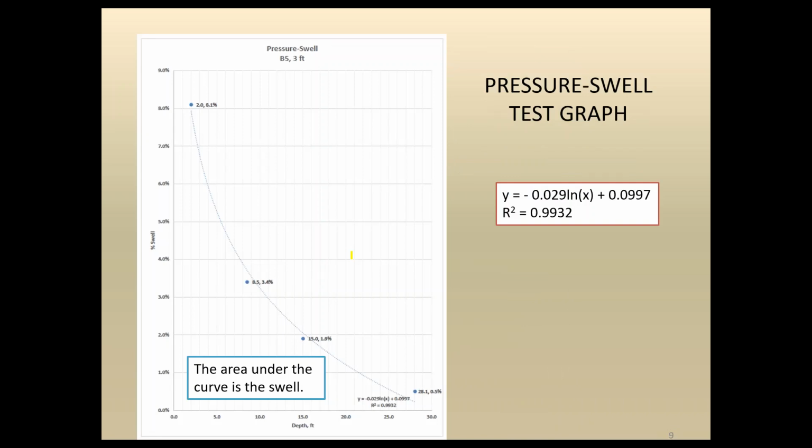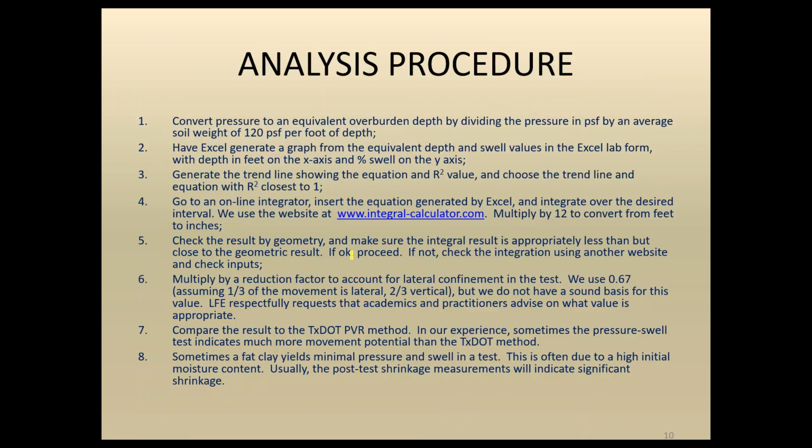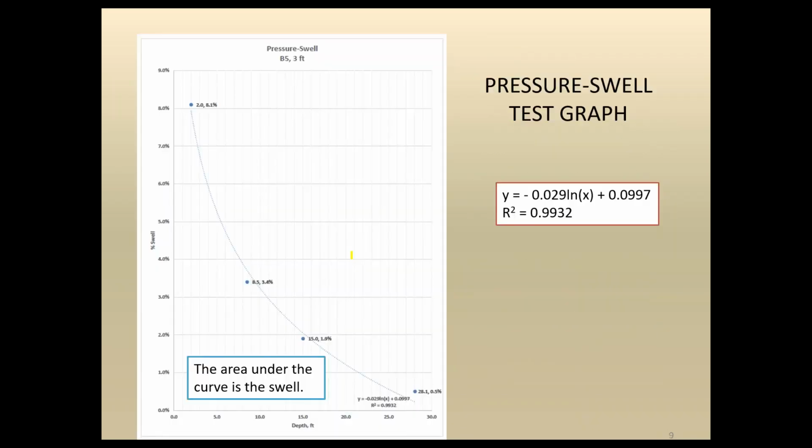So this is a quick presentation of the graph that results from this test. What you'll see here is the swell on the y-axis, and on the x-axis the equivalent depth, that is equivalent to the pressure that has been converted to a depth.